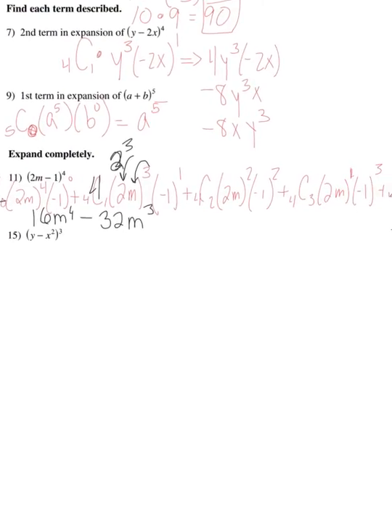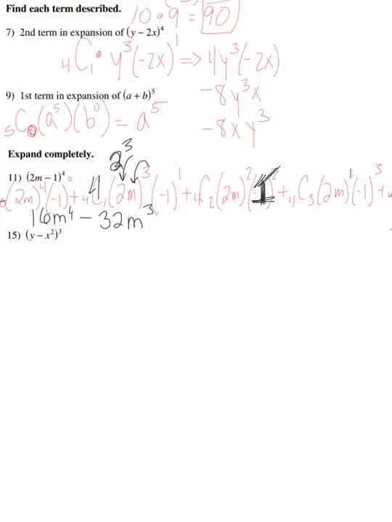Okay, so the next term, negative 1 squared, I'm going to deal with that. Negative 1 squared is positive 1, so nothing's going to happen there. I can just basically ignore it. 4 choose 2, though, I can use my calculator, it's 4 factorial over 2 factorial times 2 factorial.